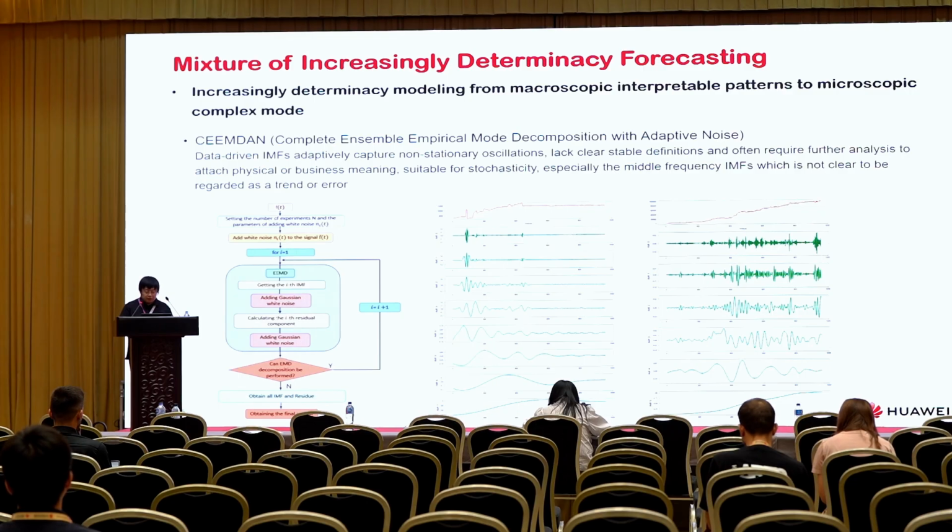However, this data-driven nature also introduces challenges in interpretation. While lower frequency intrinsic mode functions often correspond to long-term trends, high frequency intrinsic mode functions typically represent noise or short-term fluctuations.